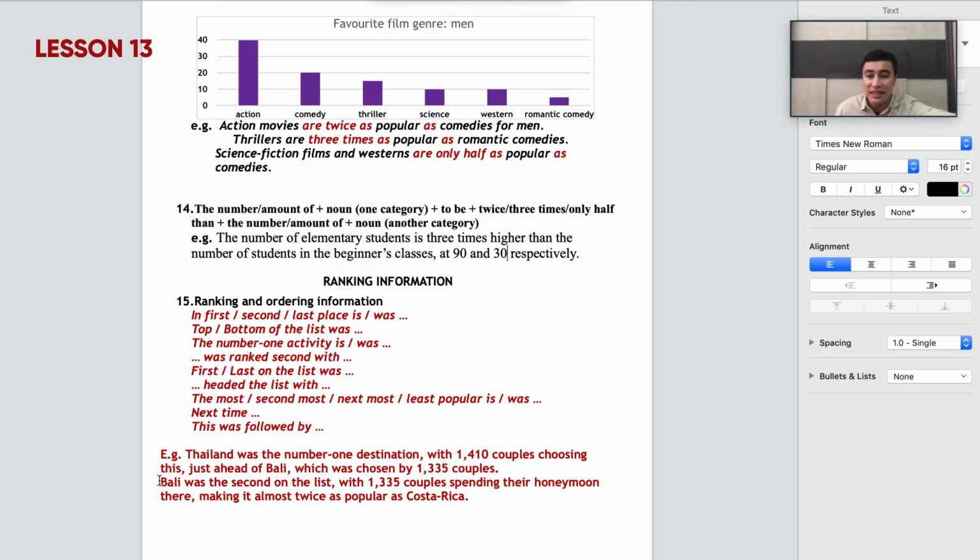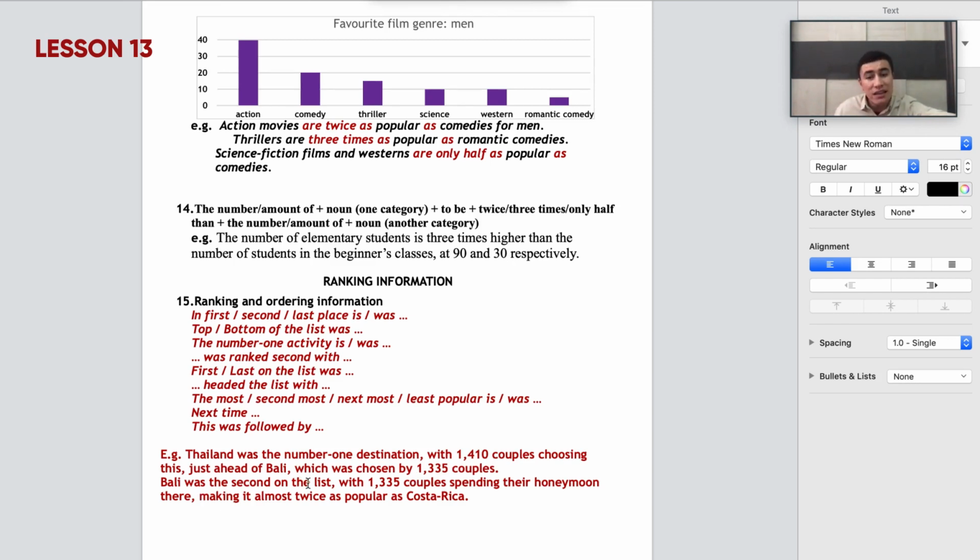Let's consider this example here. Thailand was the number one destination with 1,410 couples choosing this, just ahead of Bali, which was chosen by 1,335 couples. So as you can see, we are ordering information here. So Thailand was the number one and Bali was the number two.